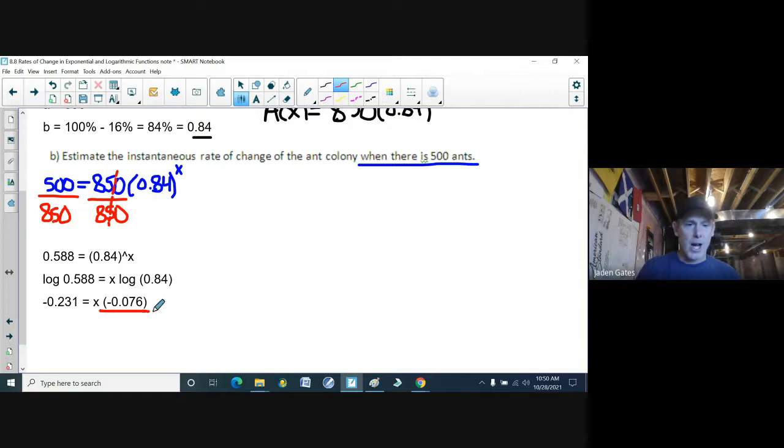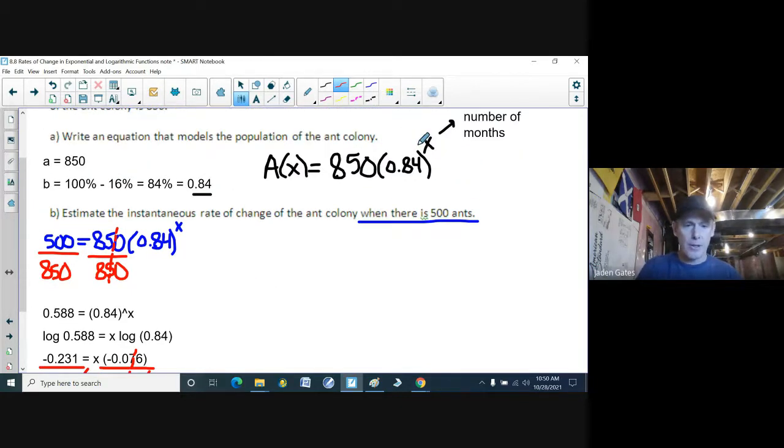I'm going to divide by this negative 0.076, and so those divide each other out. And so my x value is equal to 3.04. And again, this equation is in terms of months.